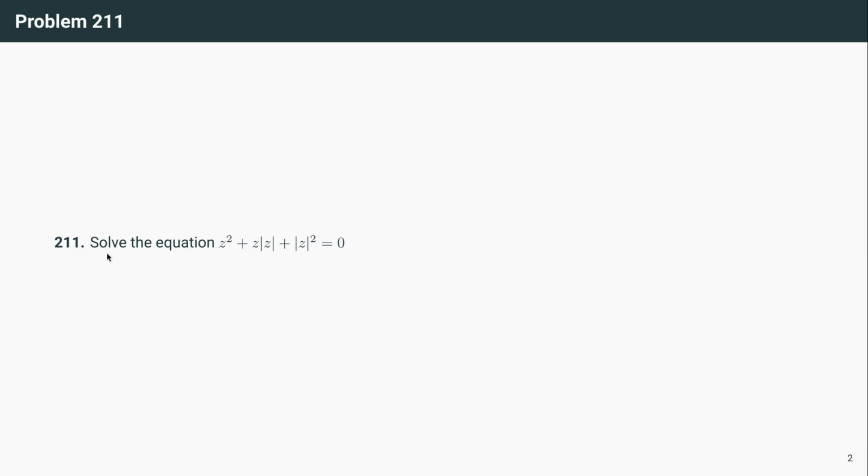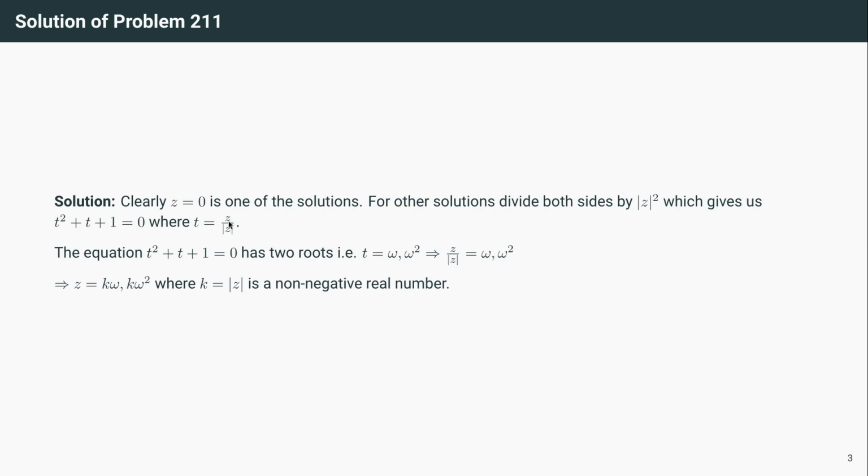Problem 211 says: solve the equation z squared plus z mod z plus mod z squared is equal to 0. Clearly z equal to 0 is one of the solutions. Now we divide the entire equation by mod z squared. This makes the equation t squared plus t plus 1 equal to 0, where t is z by mod z.